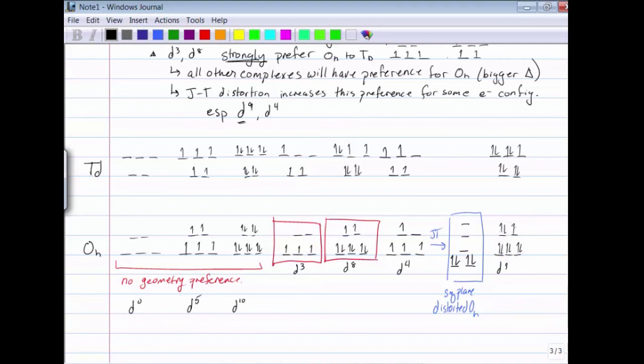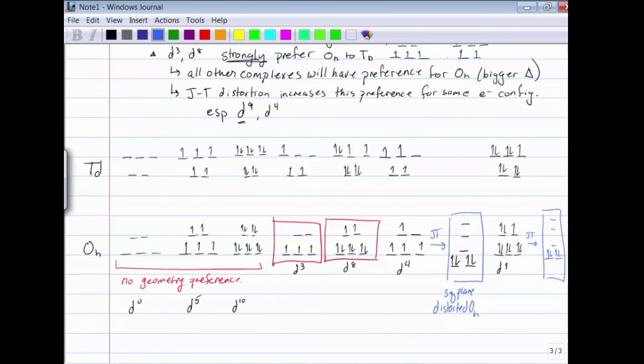However, this is going to go through Jahn-Teller distortion, and you will get, again, a tetragonal elongation along the z-axis, or in a more extreme case, a square plane. Okay, so I did d0, d5, d10, d3, d8, d4, d9.